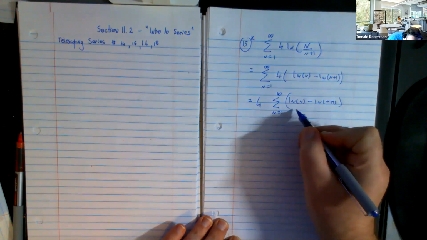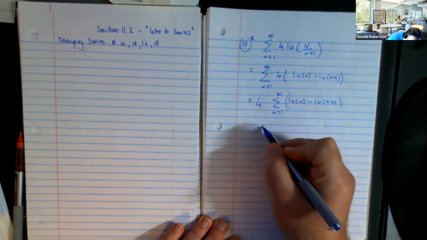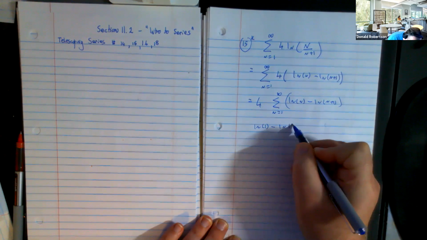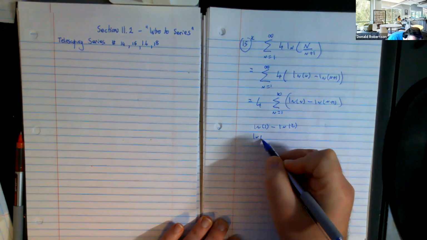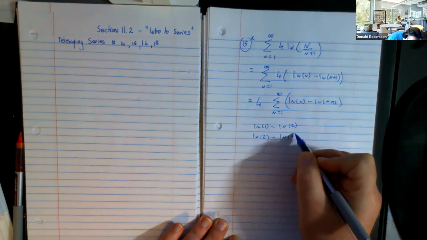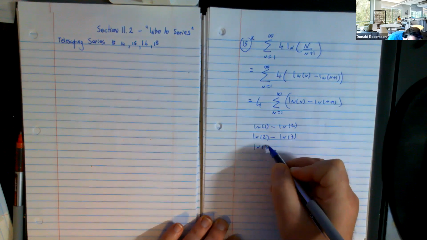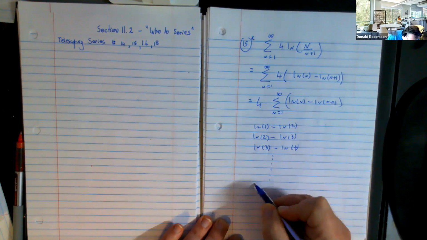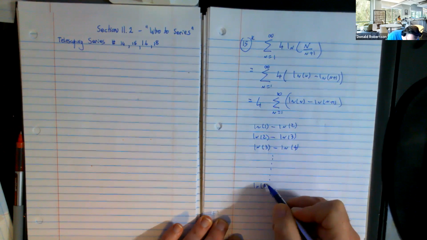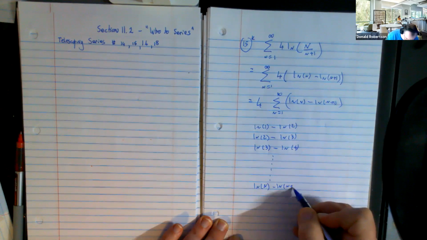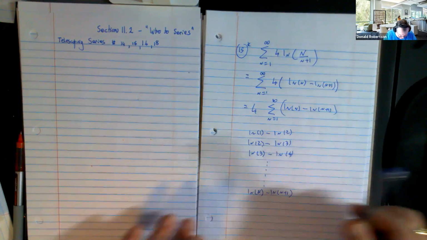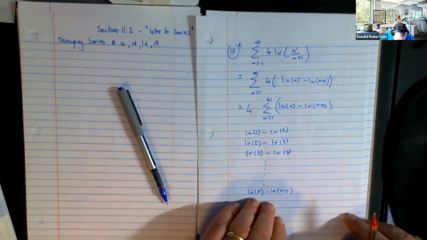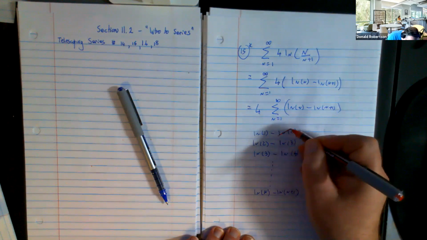Well, ready to go. Plug in 1. The log of 1, take away the log of 2. Then it's a log of 2, take away the log of 3. Then it's a log of 3, take away the log of 4. And then you imagine you keep going, and it's a log of n, take away the log of n plus 1. Let's see who dies. That gets killed by that.